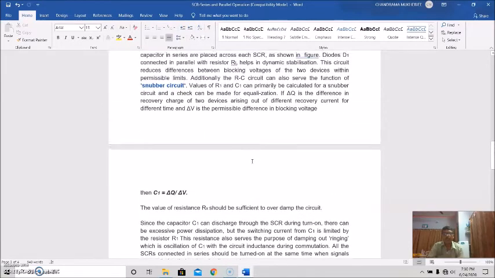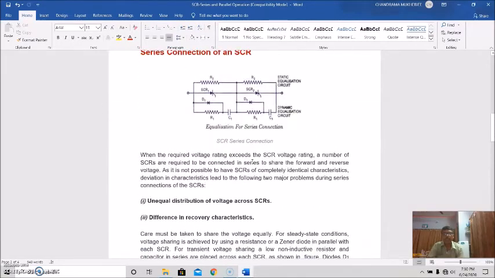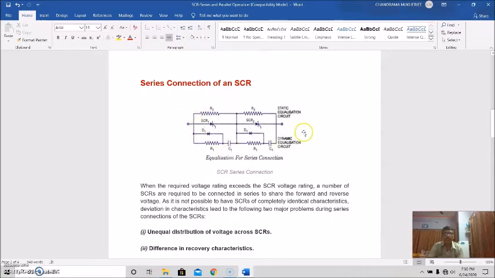So that is about HCRs and series connections. The series connection circuit is given here. These two resistors connected across the HCRs are for the static equalization circuit, I told you, and this R1 and C1 connected across the HCRs are for dynamic equalization, and this part will give you D1.